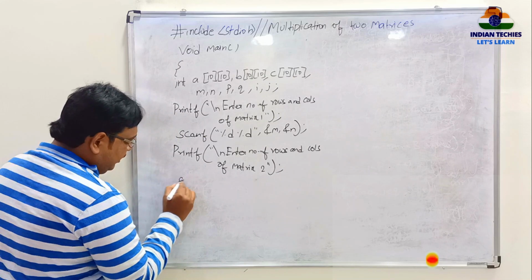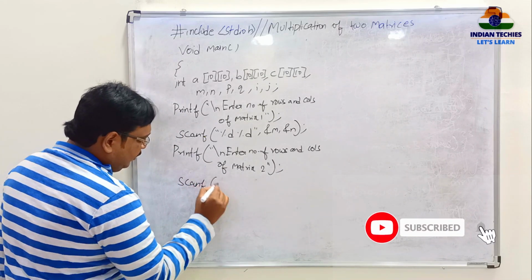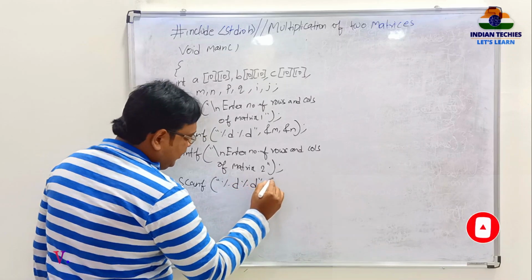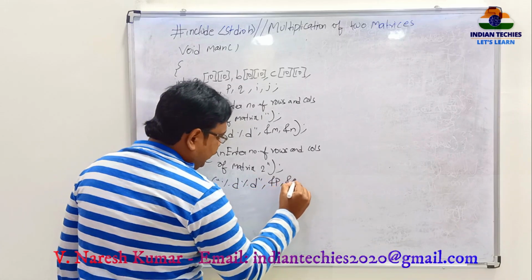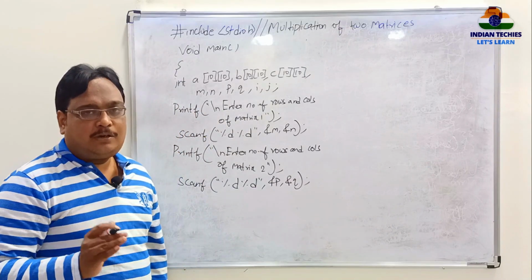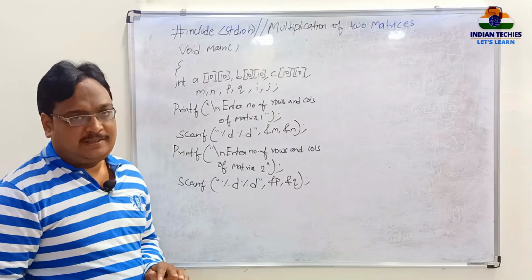Now scanf("%d%d", &p, &q). Now you have taken the number of rows and columns that you need for both matrices.